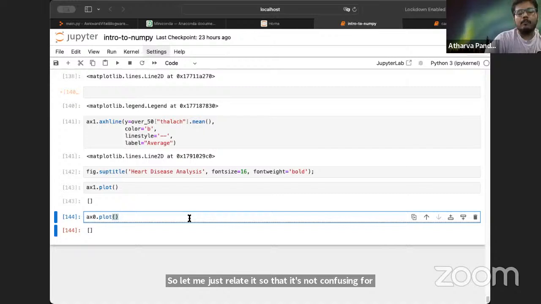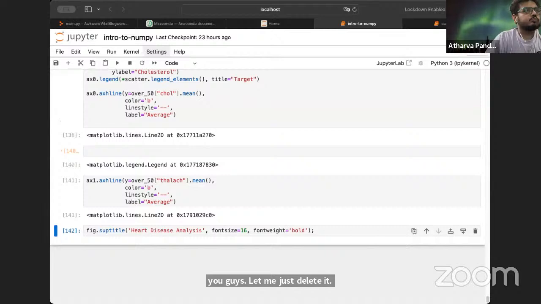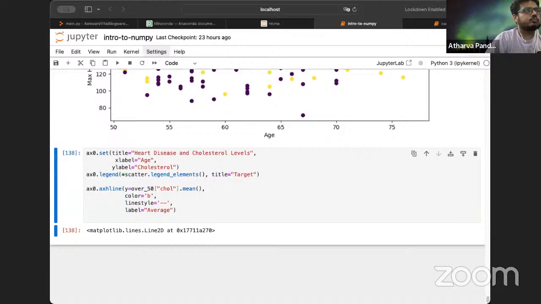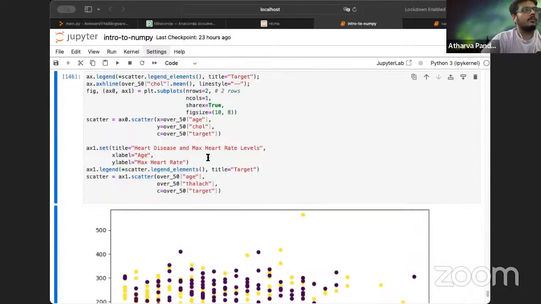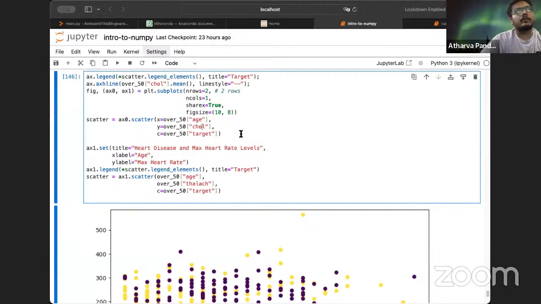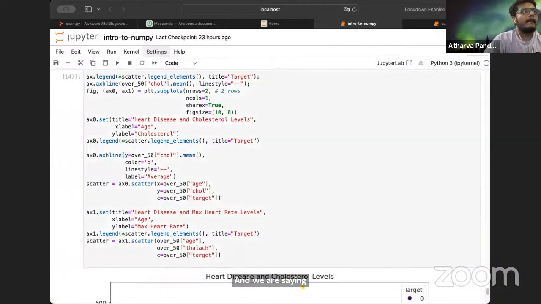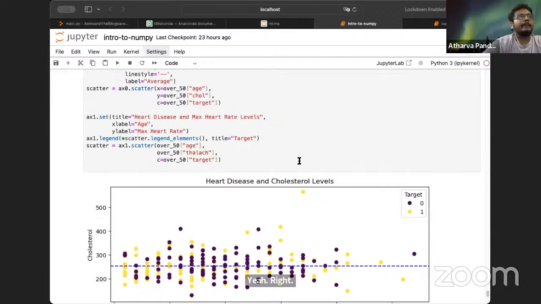And we are saying, yeah, right. And we also need to have a mean line here.